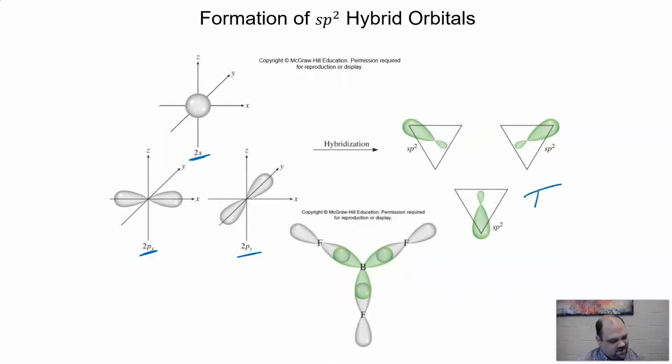You can see here that these are all trigonal planar. These are all sp2 hybridized. Right? We have one s and two p's. And remember what we talked about with the expanded octet, those extra electrons have to go in the unused d orbitals.